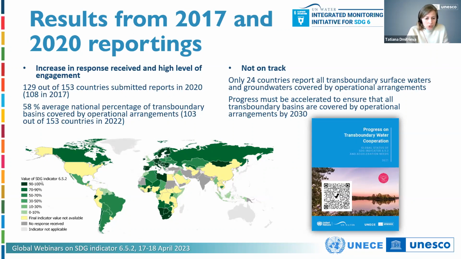You can find more detailed information in the second progress report on transboundary water cooperation. You can scan the QR code to see it. It was published in 2021 under UN-Water coordination, and we analyzed the country reports we received so far. The next slide, please.